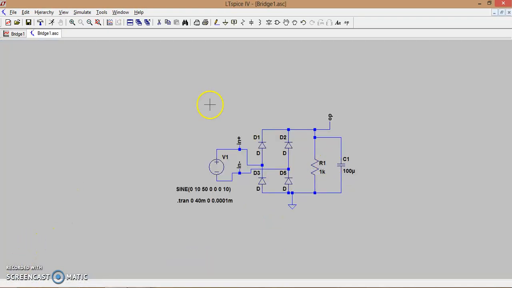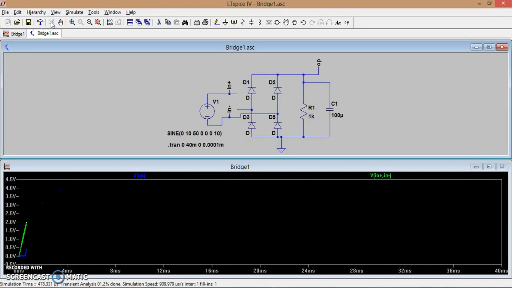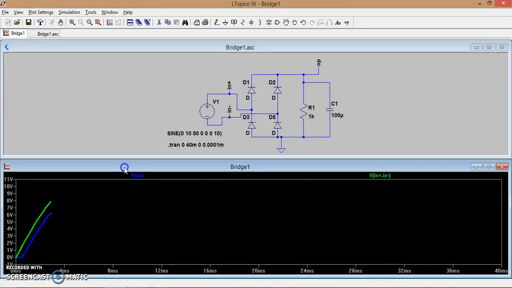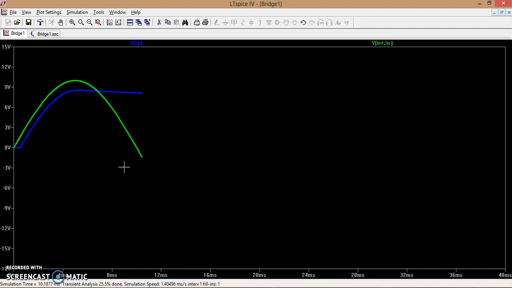Now the circuit is modified by connecting a capacitor of 100 microfarad across the load resistor. Let me now run the circuit. Upon running this circuit, the input voltage is the green one, the difference between V in plus and V in minus.